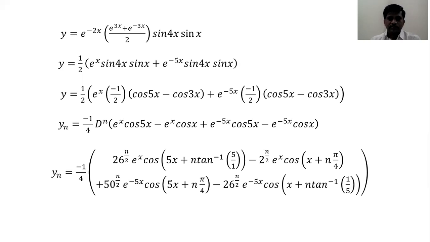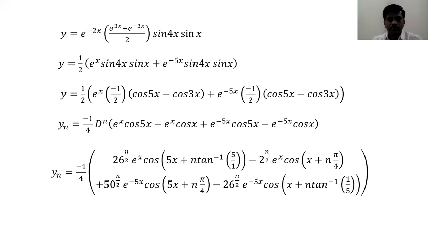Now the first term nth derivative: a value 1, b value 5, 1 square plus 5 square, 1 plus 25, 26 power n by 2 into e power x into cos of 5x plus n into tan inverse of 5 by 1, minus the second term nth derivative: a value 1, b value 1, 1 square plus 1 square, 1 plus 1, 2 power n by 2 into e power x into cos of x plus n into tan inverse of b by a, 1 by 1, tan inverse 1, pi by 4.